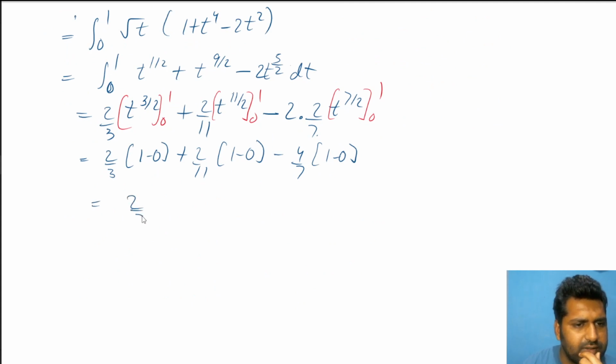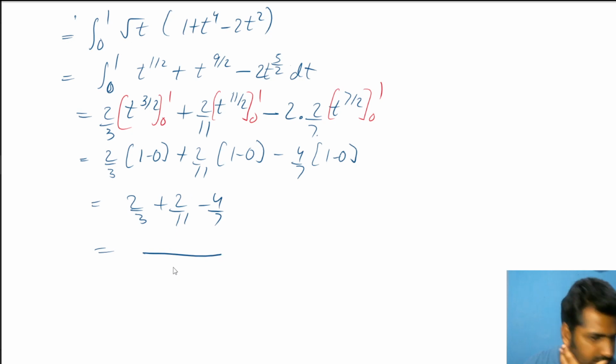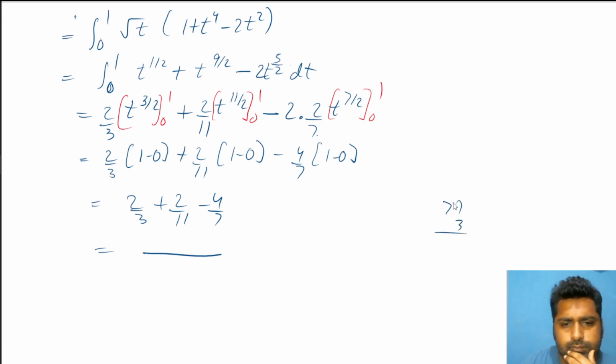So it is 2 by 3 plus 2 by 11 minus 4 by 7. We can take the LCM, all prime. 77 into 3, 231.